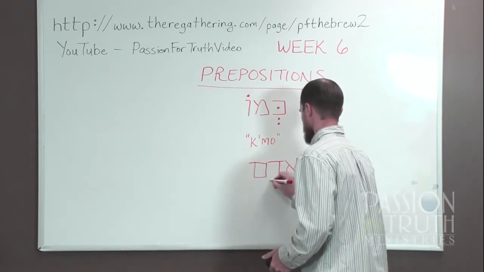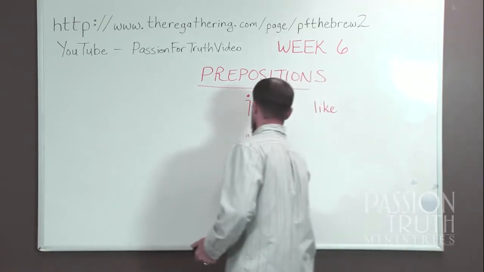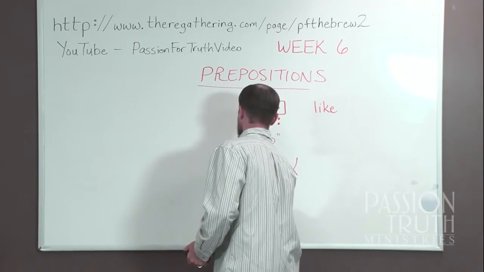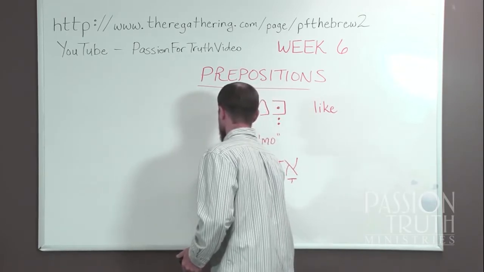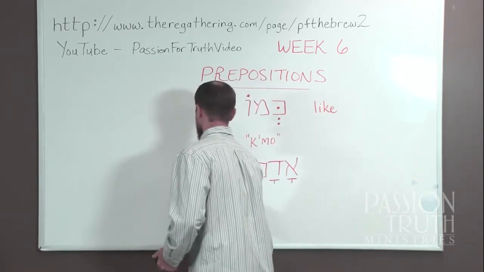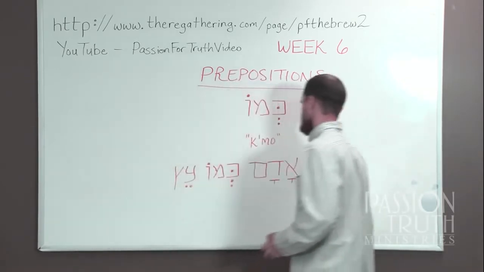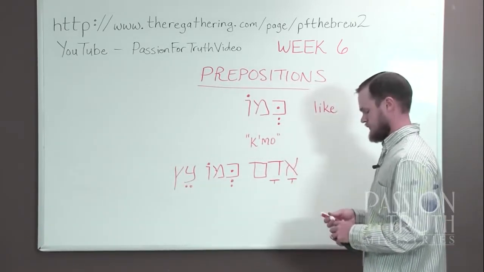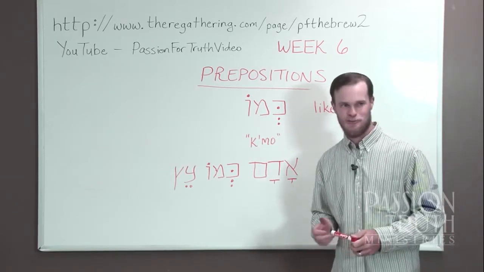Let's suppose Adam is a tall, strong man. We could say Adam kemo eitz, Adam is like a tree. So we'd either mean that he's stationary or that he's tall and strong.